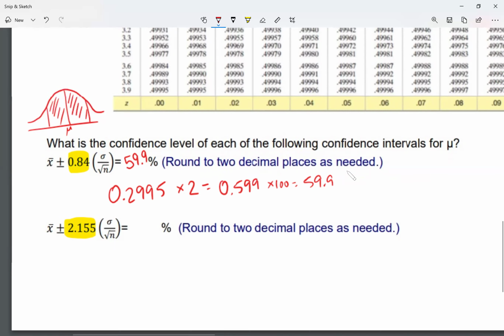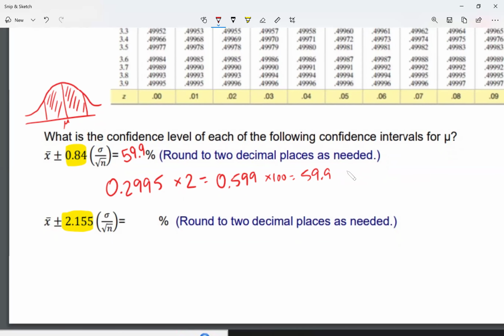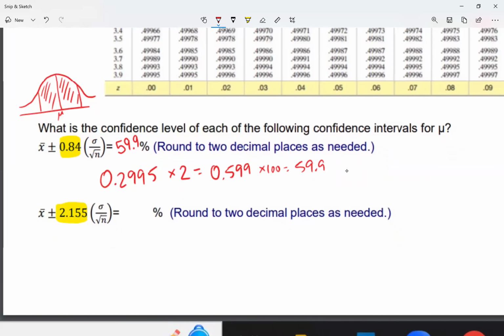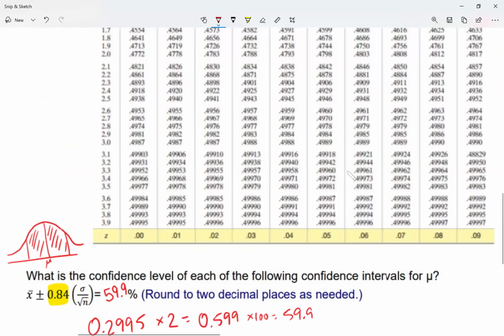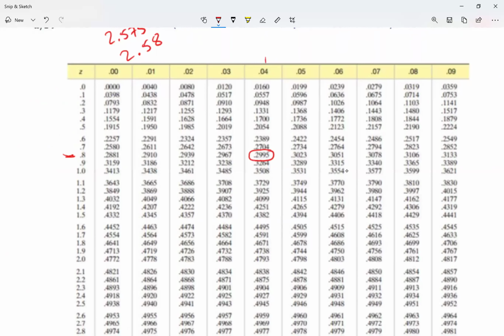All right, let's take a look at our last example for today. My C-score, what I really want you to focus on is 2.155. What probability do you get with that 2.155? Okay, let's see.